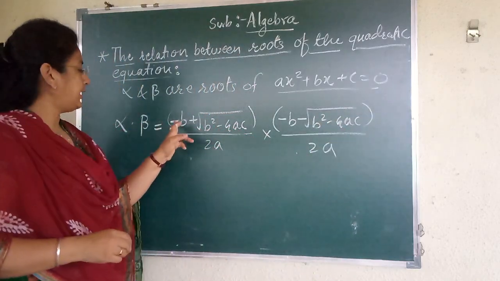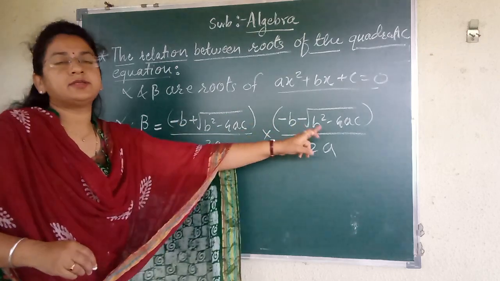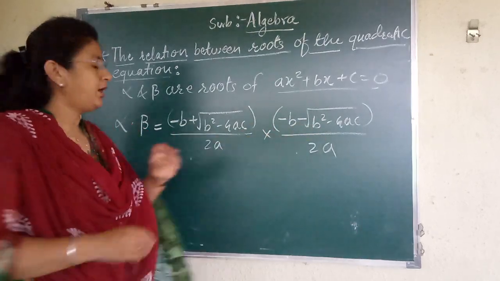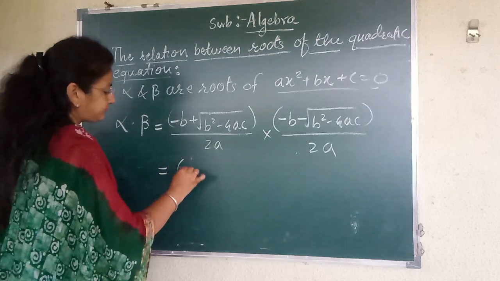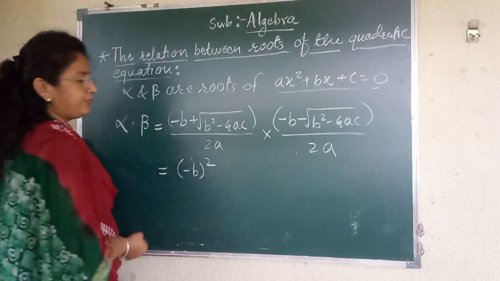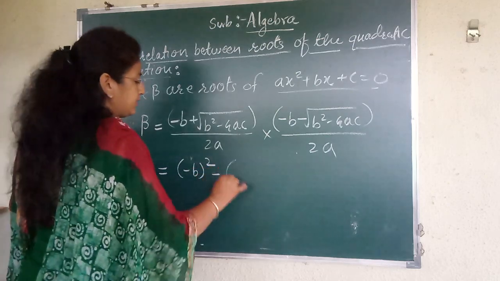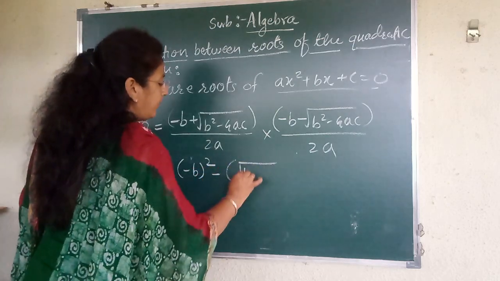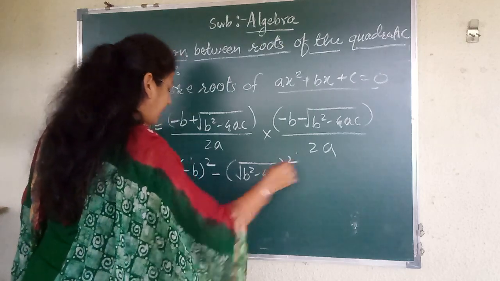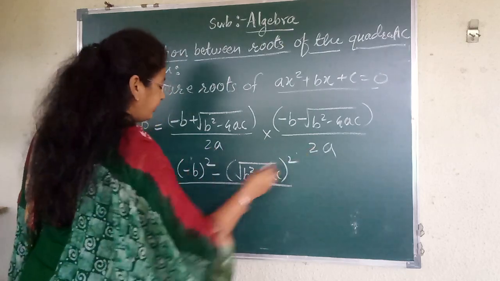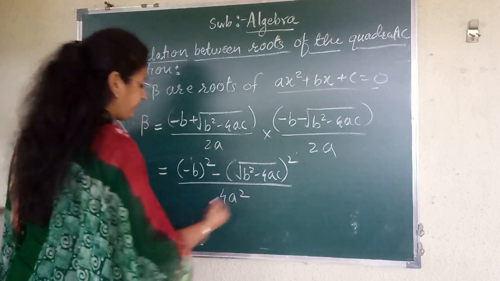Now you can see here, (a plus b) into (a minus b), that kind of multiplication is there. How to do the multiplication? a² minus b² type. Negative b whole square minus (root b² minus 4ac) whole square, upon 2a into 2a, which is 4a².